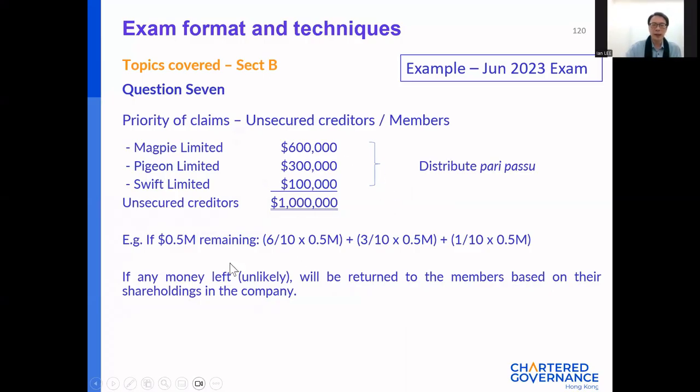So if $500,000 is remaining for these parties to be repaid, then unsecured creditors will be repaid pari passu. That is in proportion to the size of their debt. And using this amount, you can see SWIFT will be paid a bit less because it's only owed 100,000, around 10%, whereas Magpie will be paid more because it's owed 600,000, around 60% of the unsecured debt.